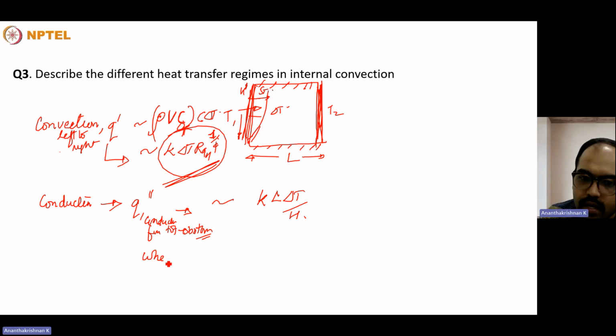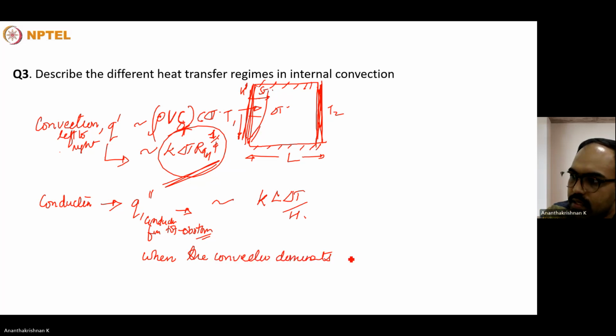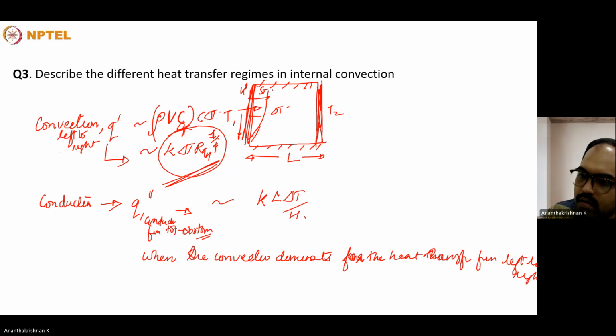So when the convection dominates for the heat transfer from left to right, the conduction from top to bottom should be minimal.